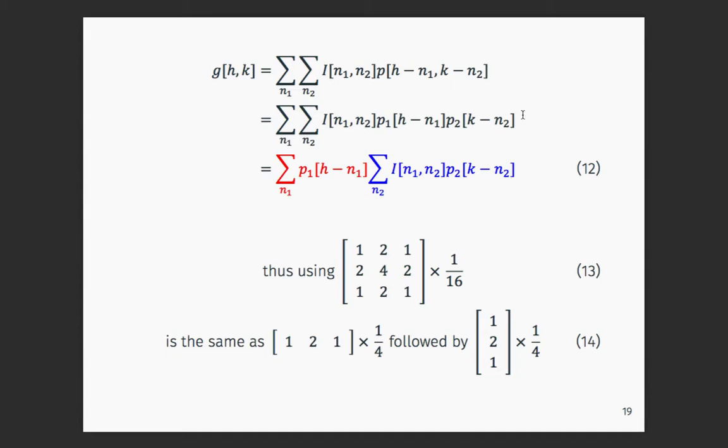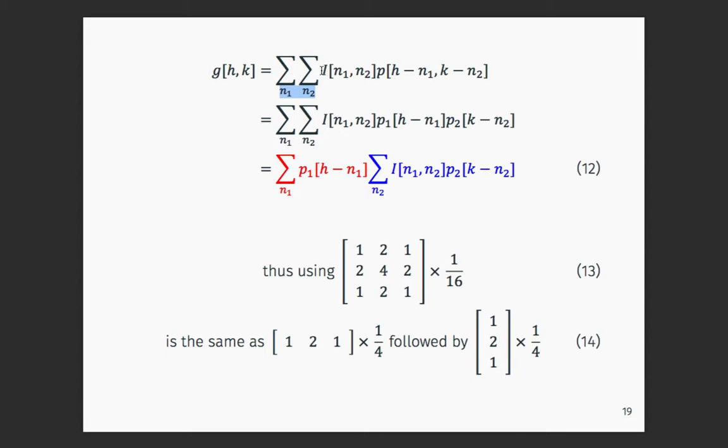On the top left is the output at the particular pixel of interest. And here you have the standard equation for a convolution. I is the picture you're looking at, and P is the mask where all the weights are stored. You sum over all the pixel locations, indexed by N1 and N2, so basically all the coordinates in your picture.